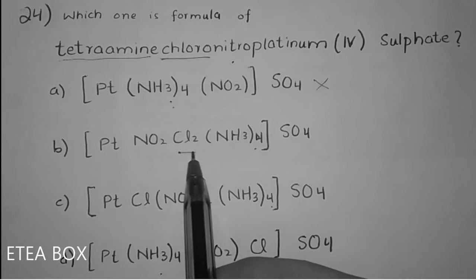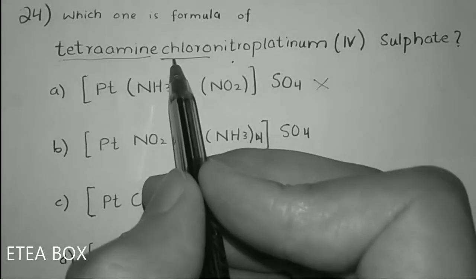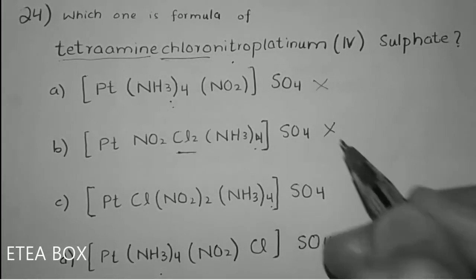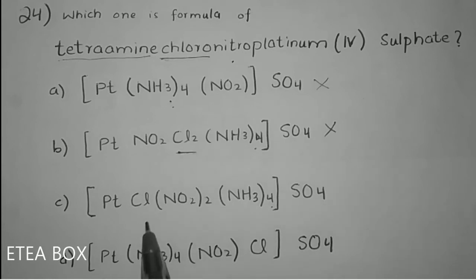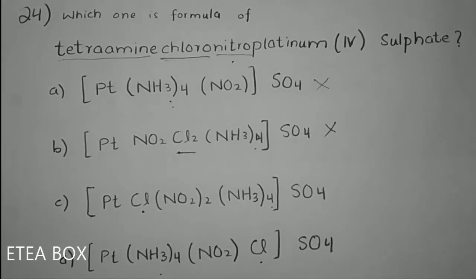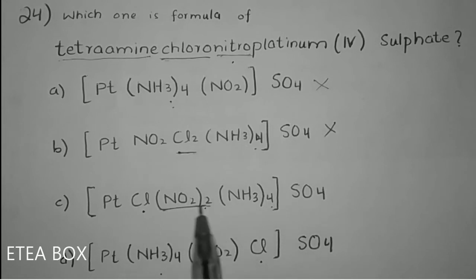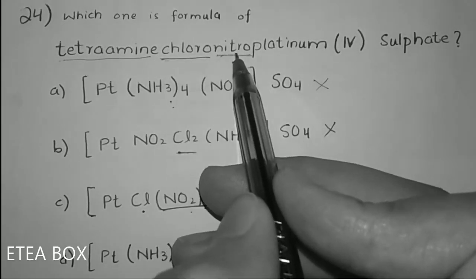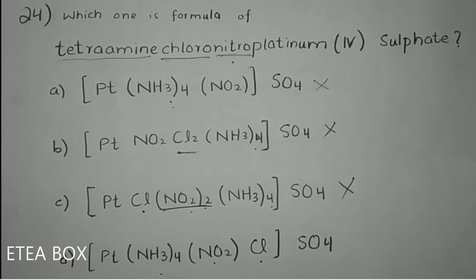Here dichloro, 2 chlorines are present, and it should be 1 chlorine, so this one is also incorrect. Here is 1 chlorine and here is also 1 chlorine. Next, nitro: there are 2 nitro here and 1 here, so this one is dinitro and the required is only nitro, which means this one is also incorrect. So the correct one is option D.